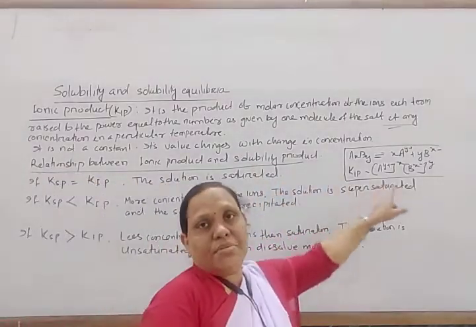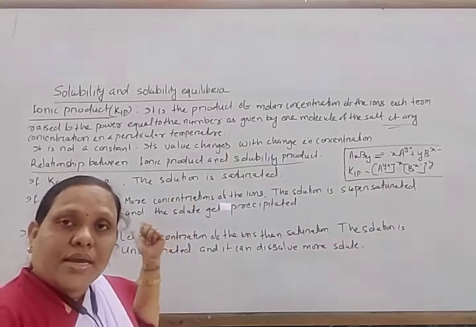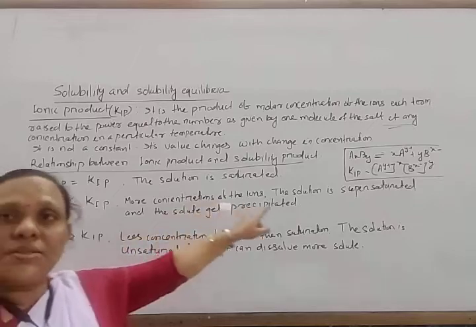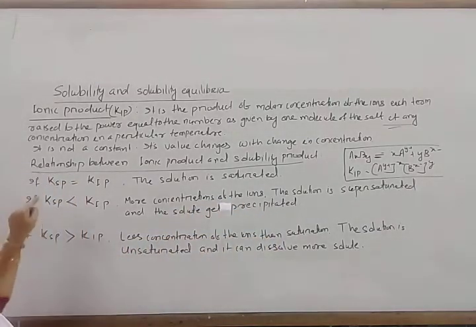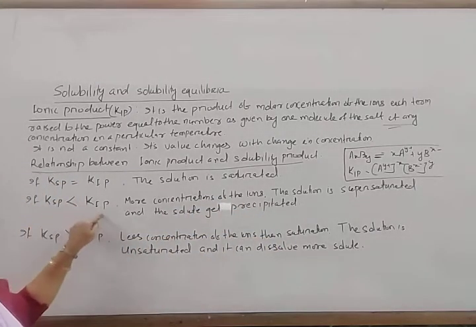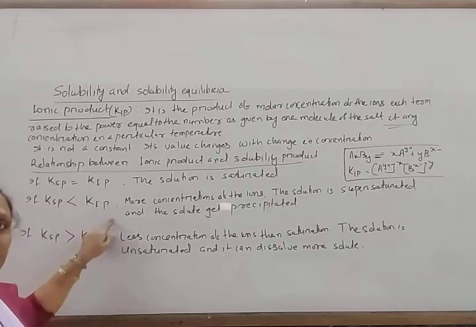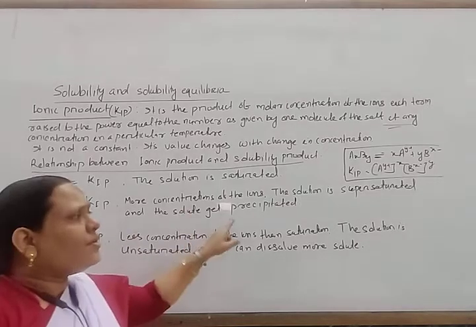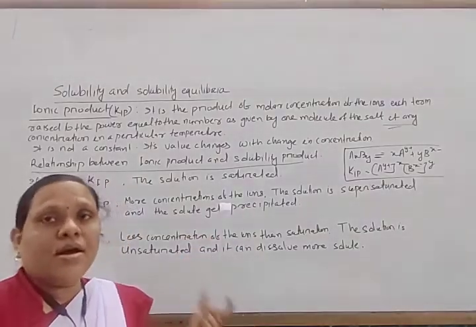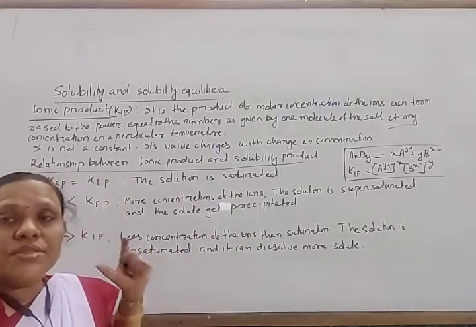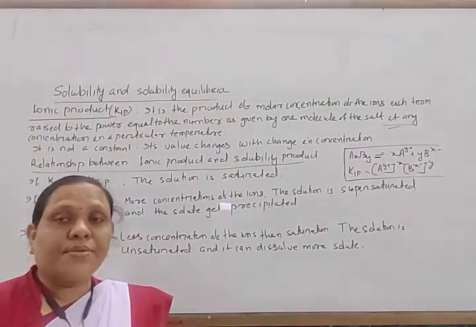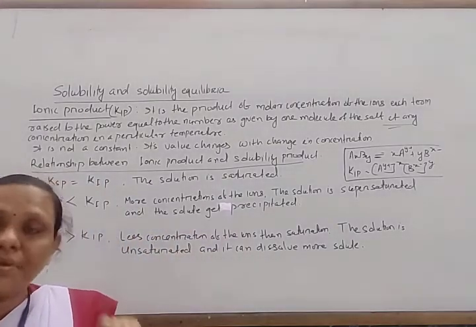As both are the same expression, if Kip is equal to Ksp, then the solution is saturated. If the solubility product is less than the ionic product, that is, the ionic product is greater than the solubility product, then the concentration of ions is more, the solution is supersaturated, and the solute gets precipitated, meaning undissolved particles will remain.